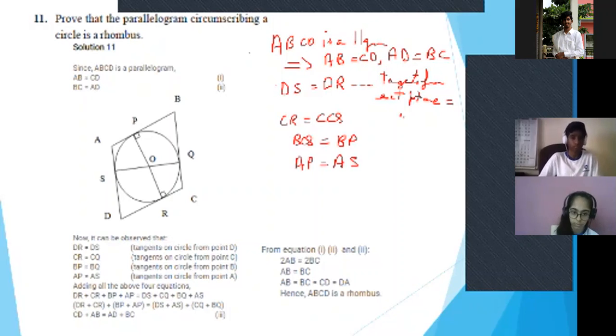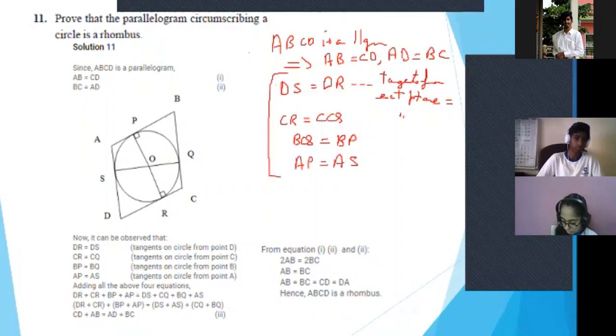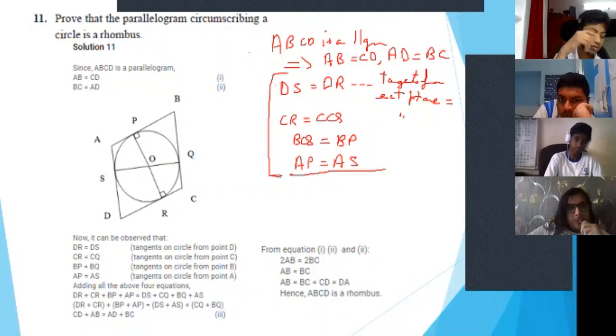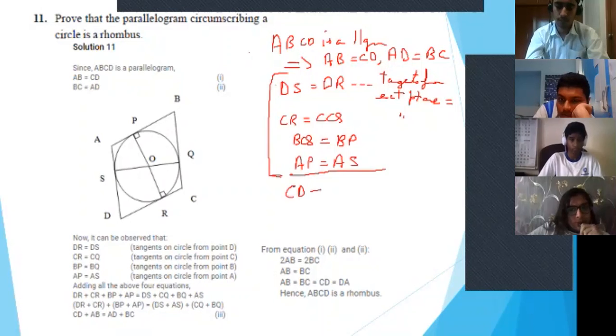So if you take all these four things in consideration and you add them up, what should you get, children? CD plus AB is equal to AD plus BC.